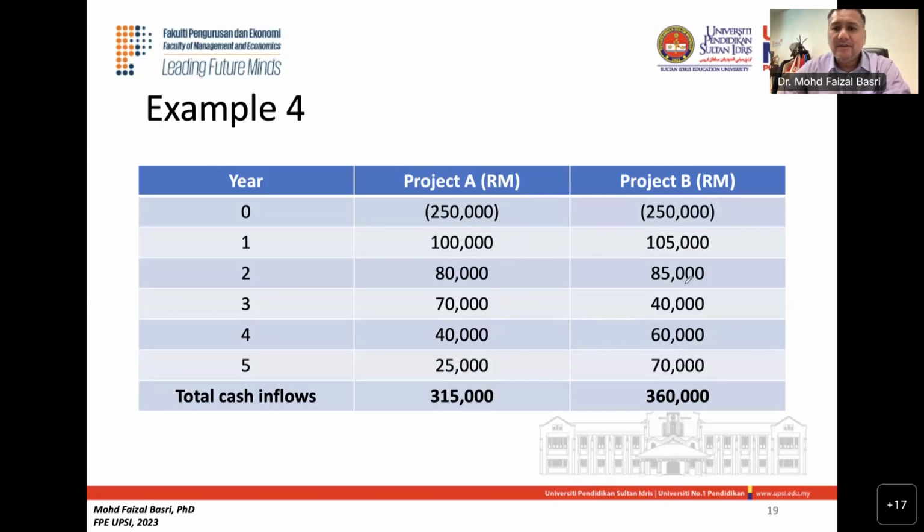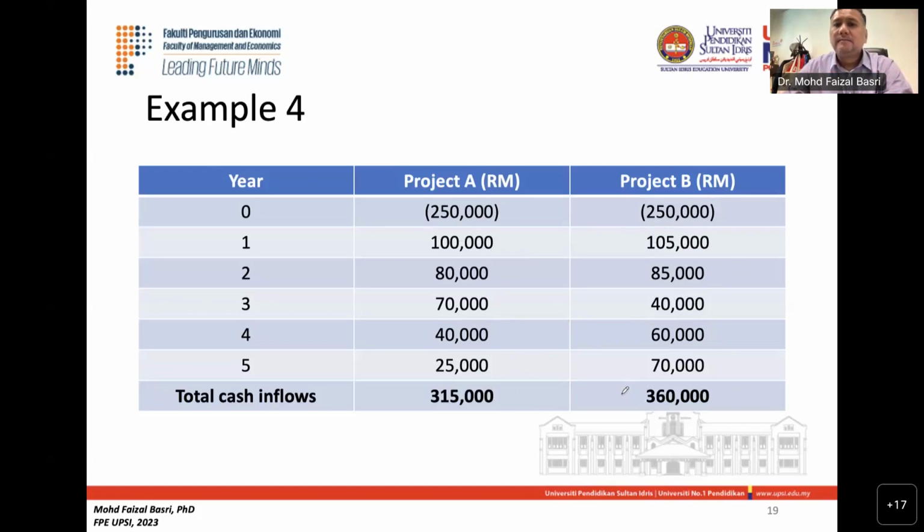So they decline every year. As for project B, they fluctuate a bit, from 105, drop to 85, drop to 40, and then go up to 60, and go even higher, 70 in year 5. So we have two different sets of cash flows.